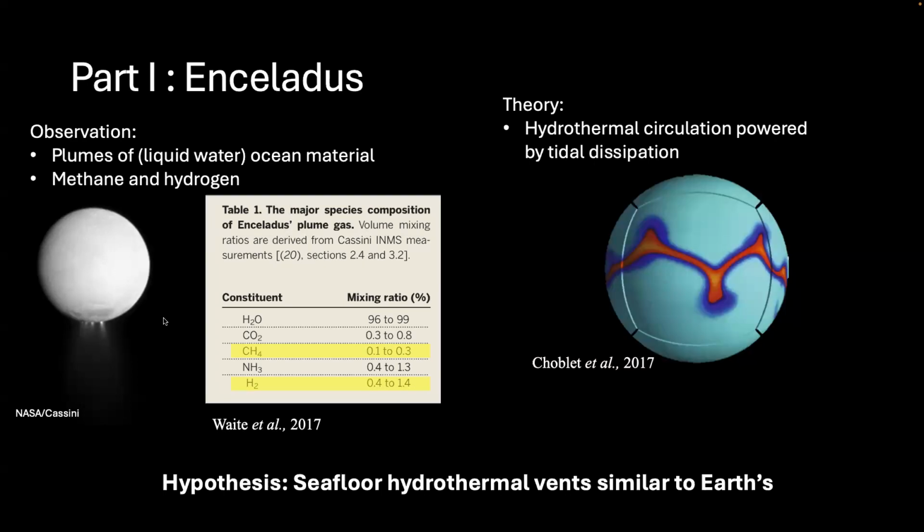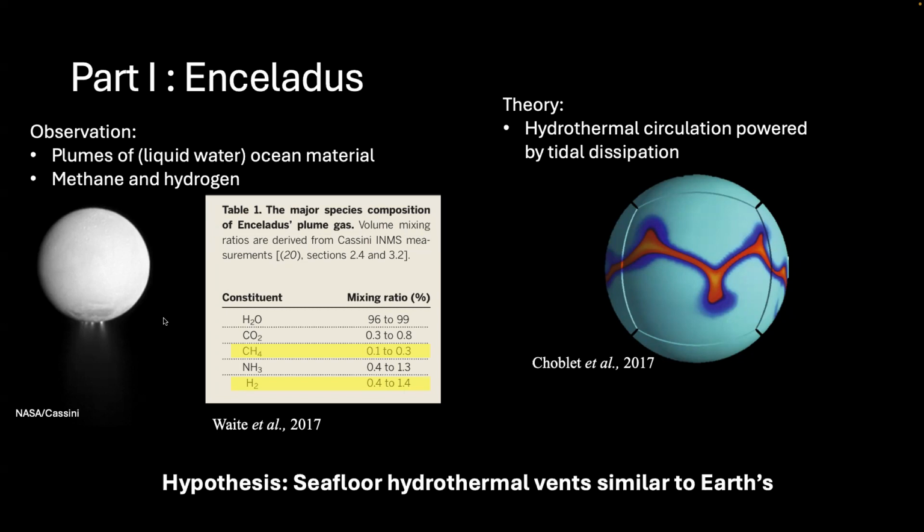So Enceladus, right? It's this icy moon on the left, orbiting Saturn. Under the ice there is a liquid water ocean that erupts into space as these geysers here, the plumes I'm sure you're aware of.